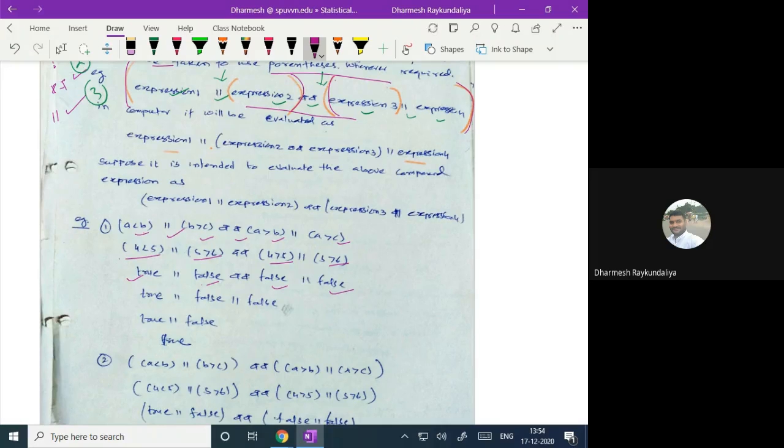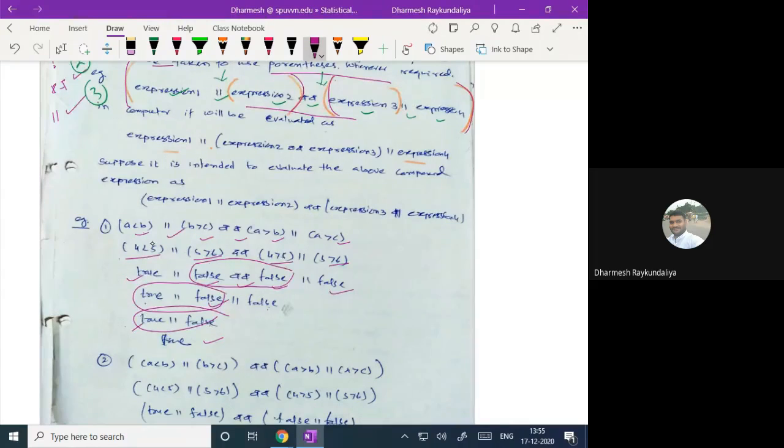Now which has the highest precedence? The logical AND has. That means it will first execute this. If both are false, the result is false. Then the true is combined with this result using OR. So let us say I take true and false; the result is true.